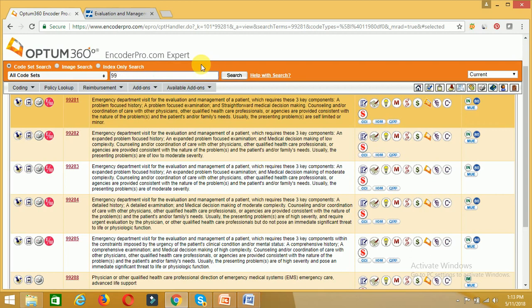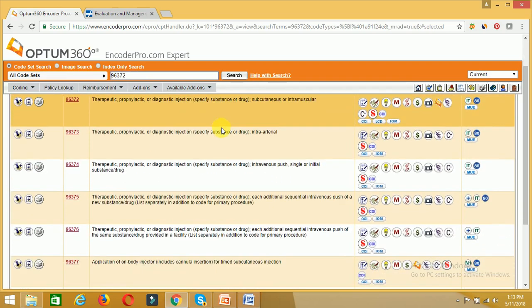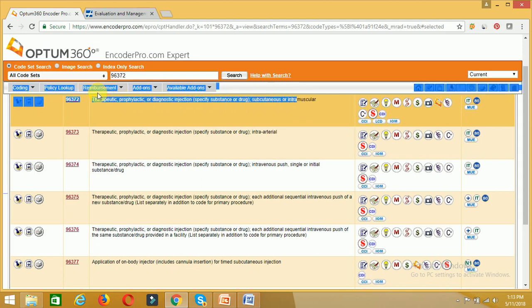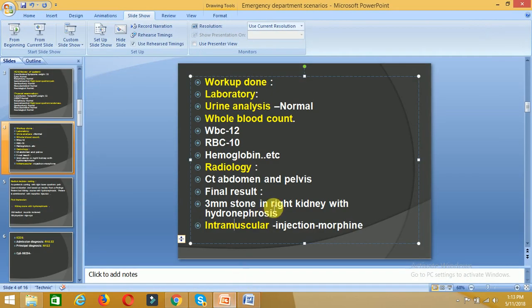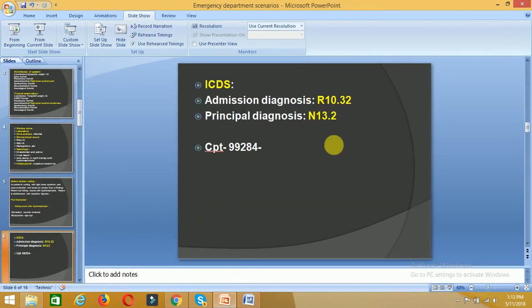So our code is 96372. Yes, the physician is giving intramuscular injection morphine for pain control, diagnostic injection. So I will add this CPT also along with the ENM level. 96372 is another CPT.